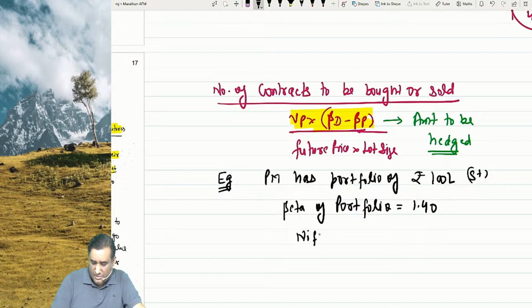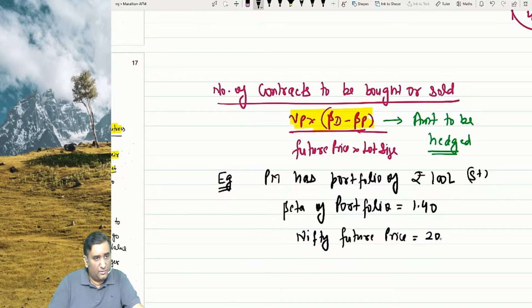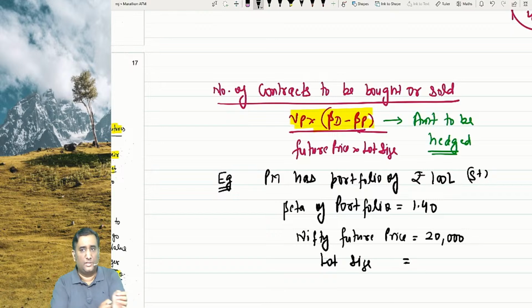Nifty future price: currently we are trading at 20,000. Actually, the contract values which appear in the market are around 10 lakh only. The standard lot size is accordingly set.